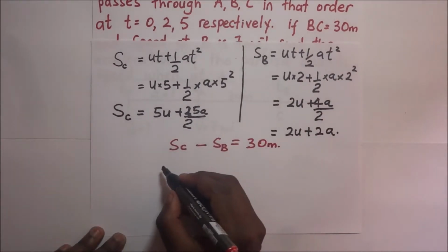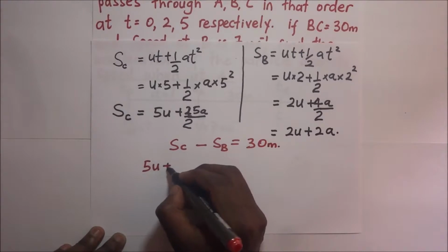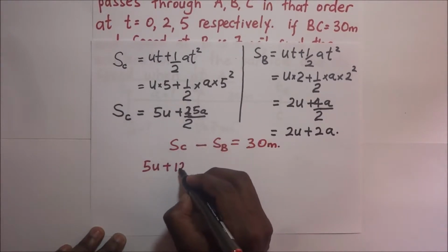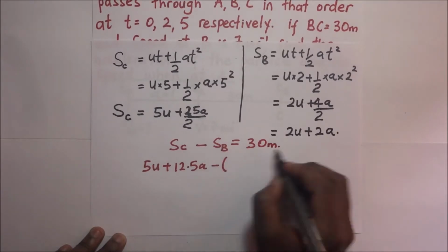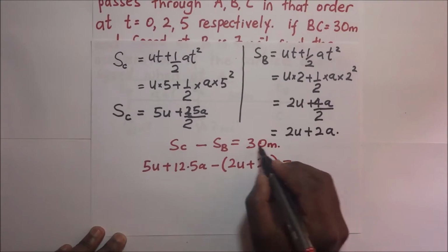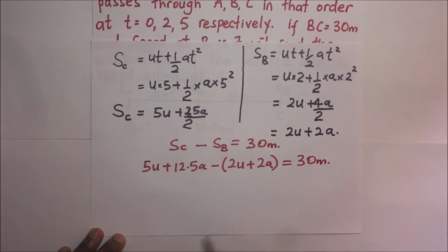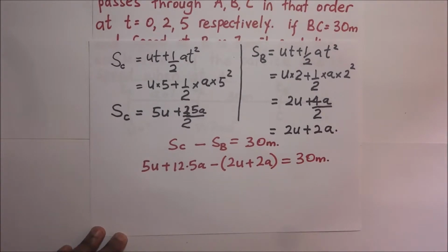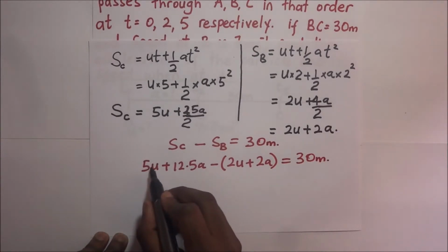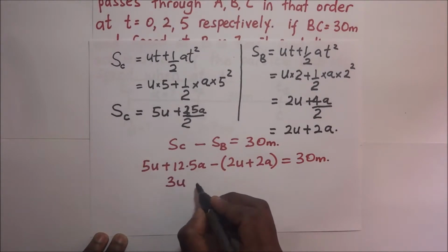So SC is going to be 5u plus 25 over 2, which is 12.5a, minus SB, which is 2u plus 2a, is going to give us 30 meters. And so we are going to get an expression in u and a. So this becomes 5u minus 2u, which is 3u.